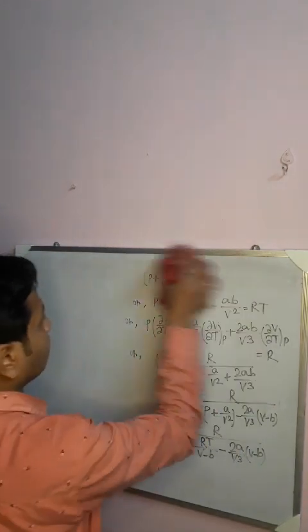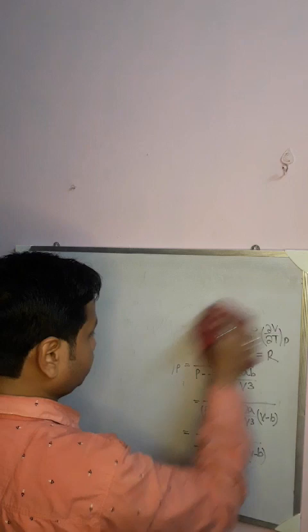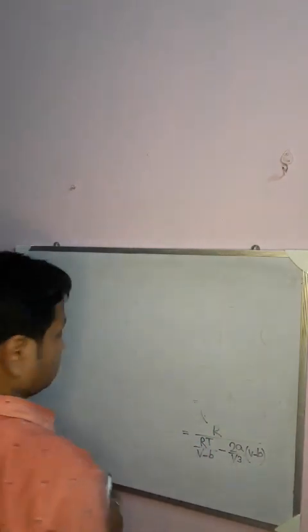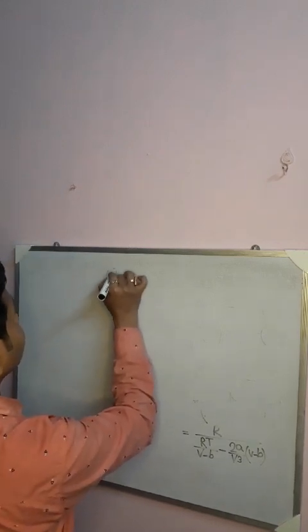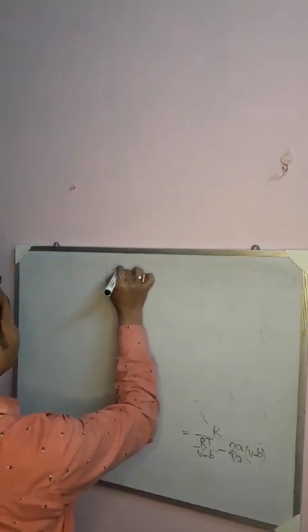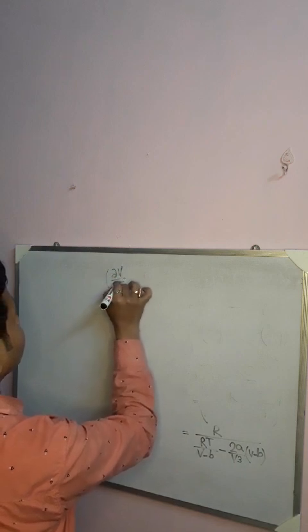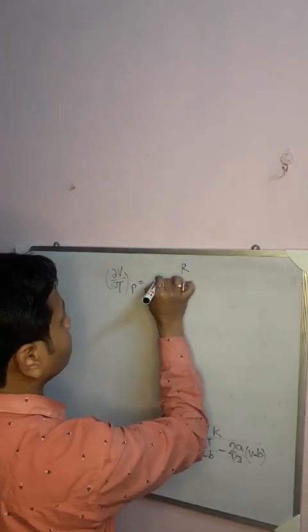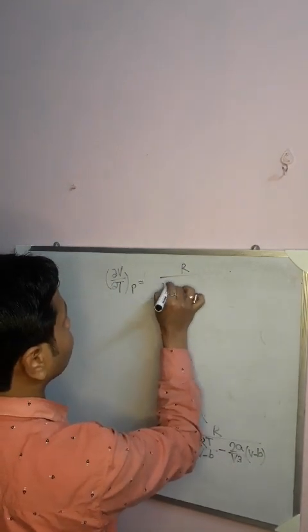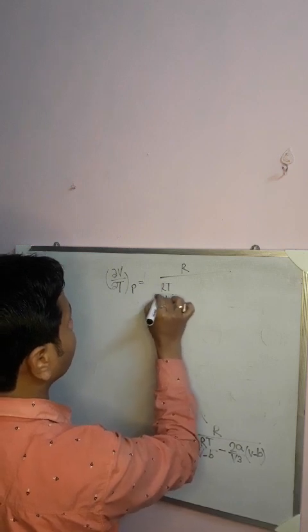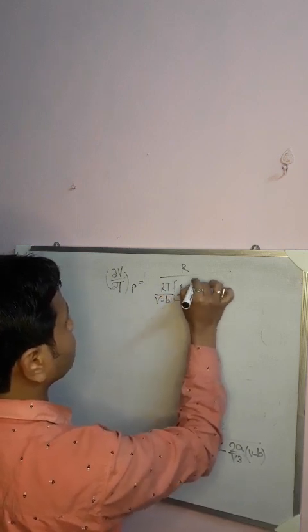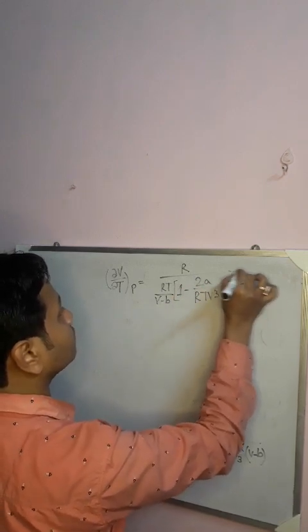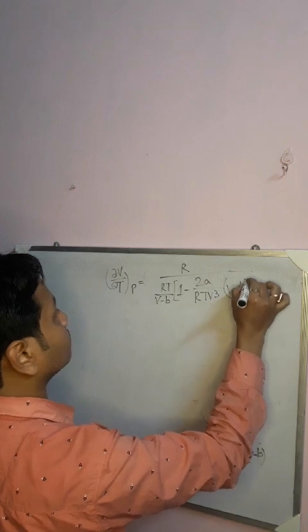Now if we simplify it more, then we get del V del T at constant pressure as R upon, if we take RT upon V minus B common, 1 minus 2A by RT V cube into V minus B whole square.